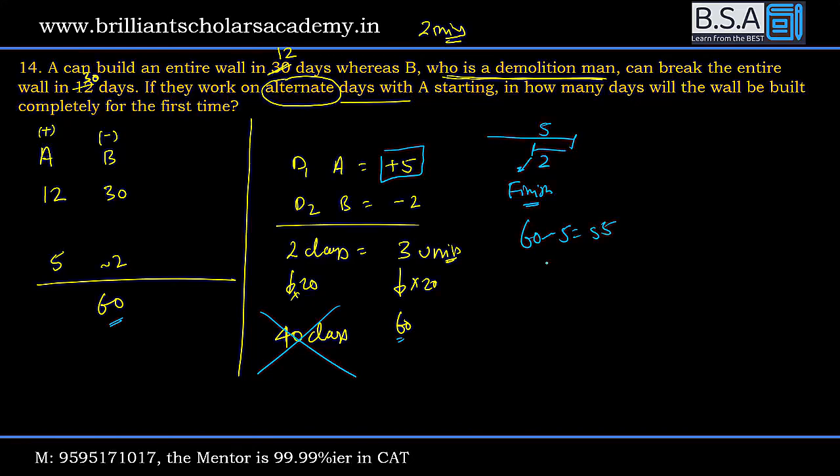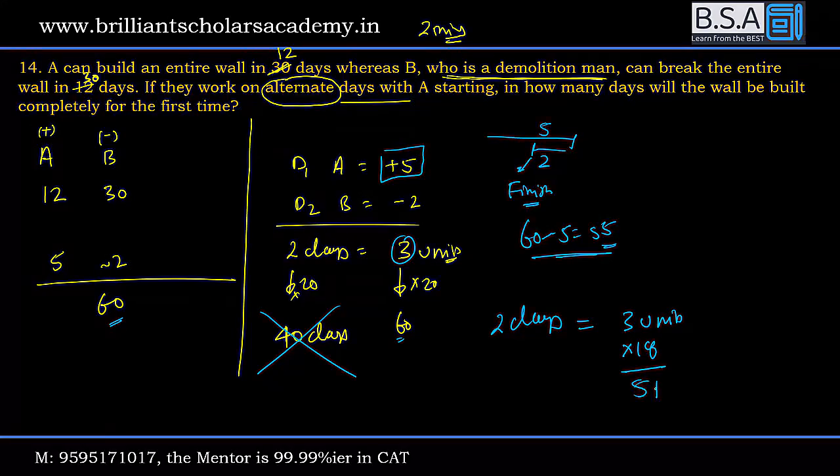Now listen to the language carefully. What multiple of 3 is closer to this? You again go back to this. Whenever you wait for 2 days, you can complete 3 units. What multiple of 3? 18th multiple. 54 units. 18th multiple.